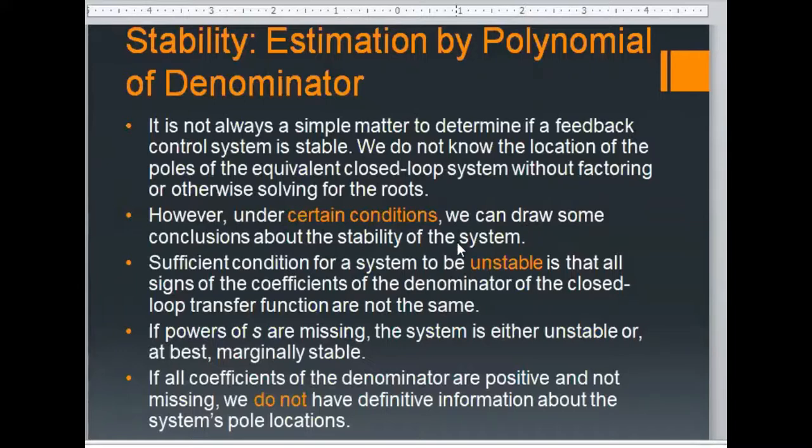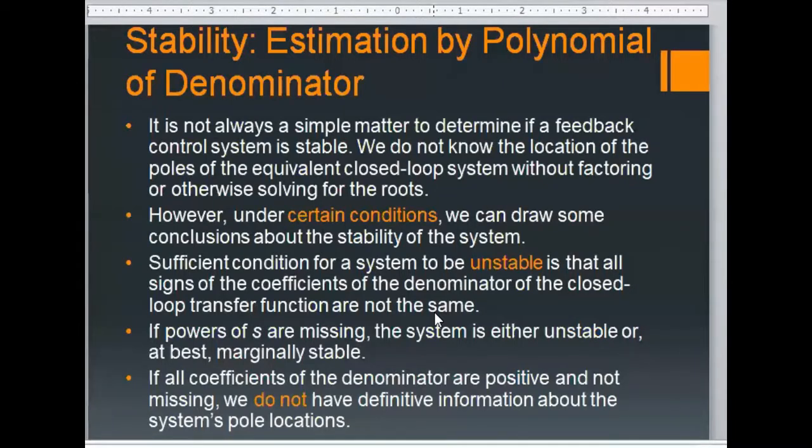For example, under certain conditions we can draw the conclusion, as a sufficient condition, that a system would be unstable if the signs of the coefficients of the denominator of the closed loop transfer function are not the same. What does it mean? If you have the denominator polynomial of your closed loop transfer function, say s^5 plus s^4 plus 3s^2 plus 7s plus 5, and the coefficients have positive signs, fine.